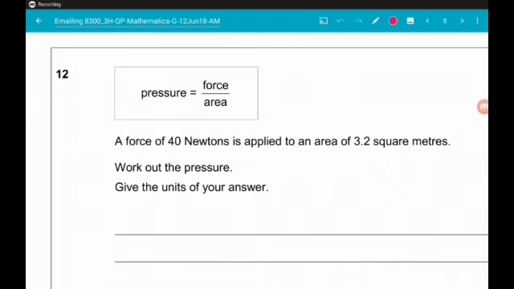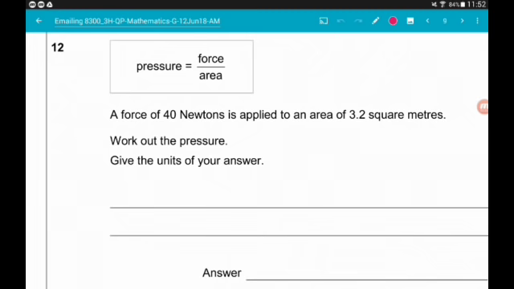In question 12, we're told pressure is force divided by area. A force of 14 newtons is applied to an area of 3.2 square meters. We want to work out the pressure, giving the units of our answer.